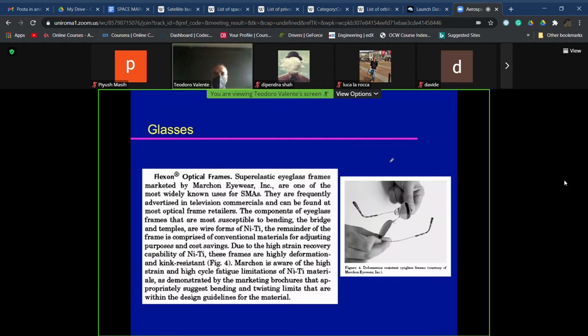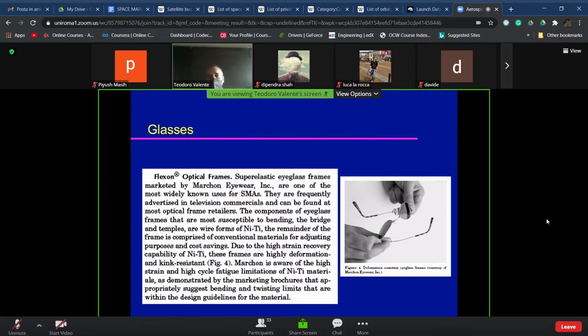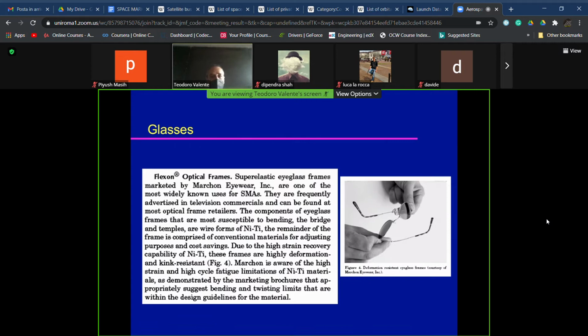Now, this is the example instead of the optical frames, superelastic eyeglasses, which we discussed qualitatively last time, and in which, again, being the system essentially at room temperature, that is a constant temperature, the shape and size recovery after even accidental deformation of the eyeglass frames is given back by the superelastic effect of the material, apart from that very small percent of hysteresis which can be present.